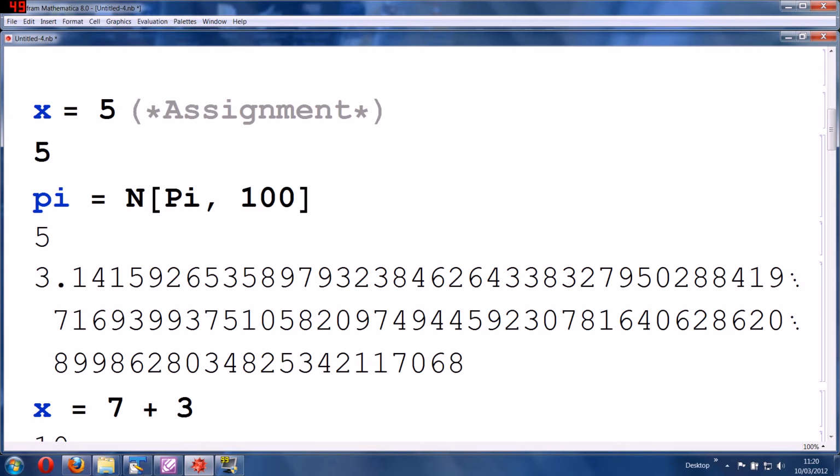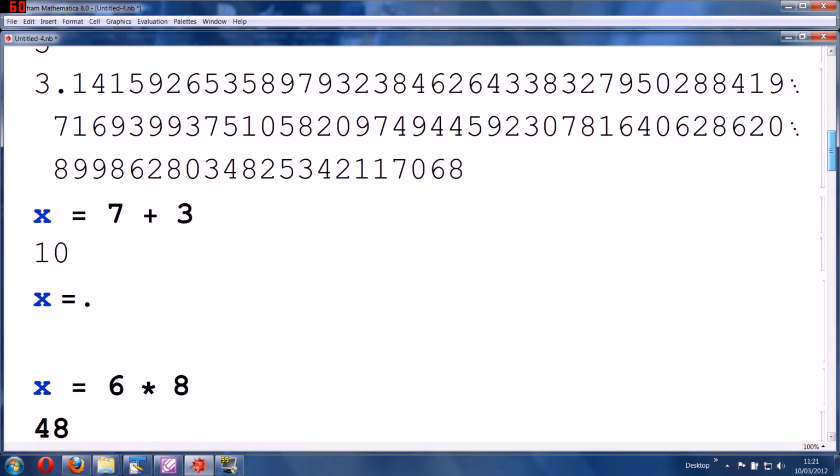The thing I'm looking at says 100 digit accuracy. I'm not going to do it now because it's going to get in the way. Anyway, I'm just going to read through it.